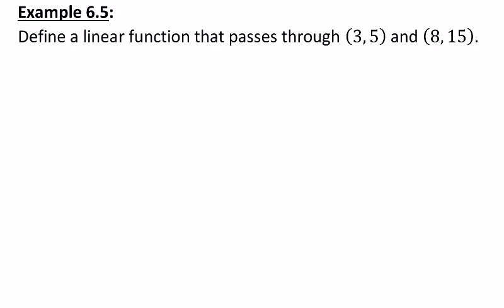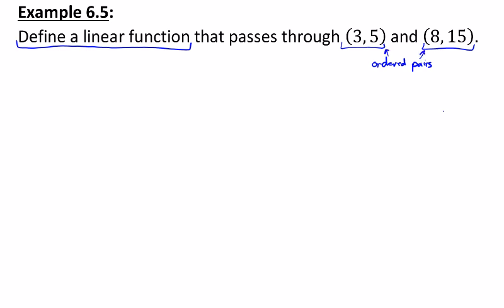In example 6.5, we're being asked to define a linear function that passes through (3, 5) and (8, 15). When it asks us to pass through and then gives us these values, these are to be interpreted as ordered pairs.